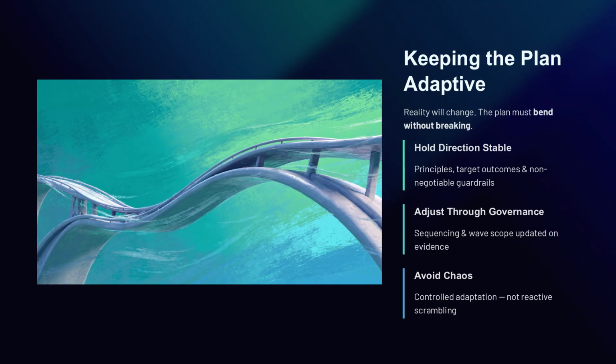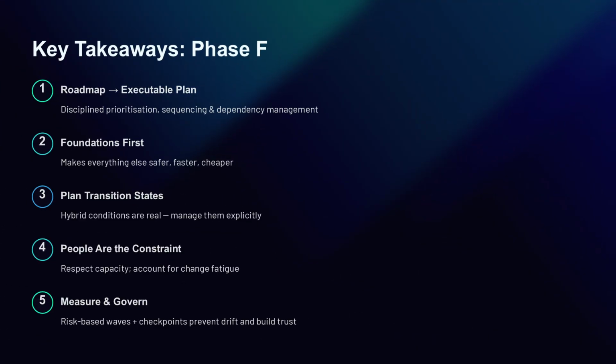You adjust sequencing and wave scope through governance based on evidence and constraints. This keeps the enterprise moving while avoiding chaos. In phase F, you are designing a plan that can bend without breaking, which is a leadership hallmark of mature enterprise architecture. Let's now discuss the key takeaways from what you learned so far so you can apply it immediately.